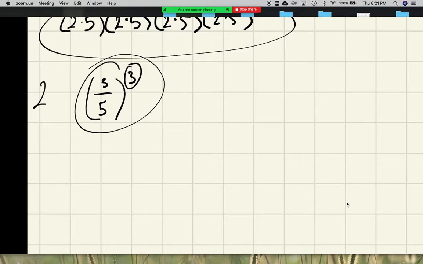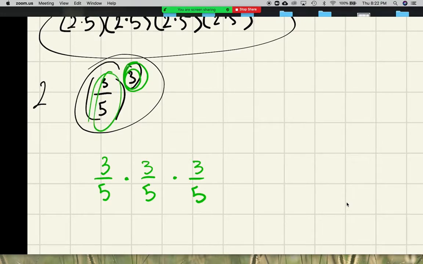So the way that I'm going to write it out is by understanding that this 3 means write this fraction 3 times in a row and multiply. So I'll have 3 over 5 times 3 over 5 times 3 over 5. This 3 has been taken care of because I have 1, 2, 3 of those fractions. So that's what that means.